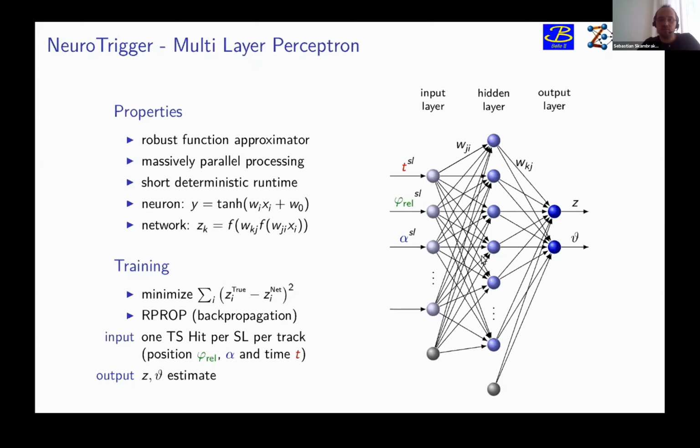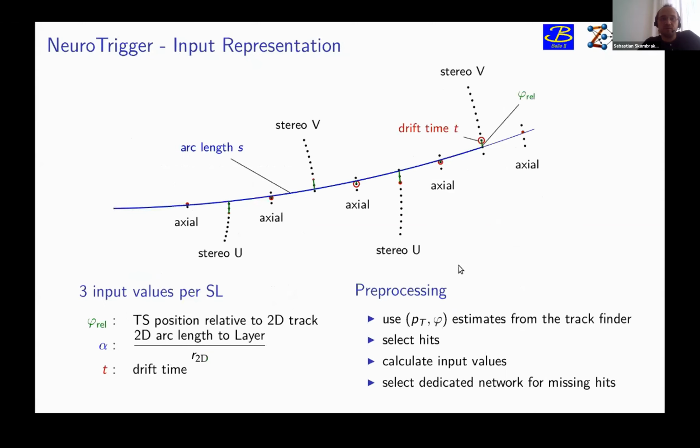And yes, so now to the input representation. This is done in a pre-processing step for the neural network. There at first, for the 2D tracks, which are found only based on the axial hits, the stereo hits are matched to these 2D tracks. And then the position information of these track segments is encoded relative to the found 2D track.